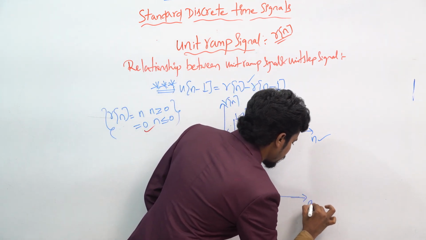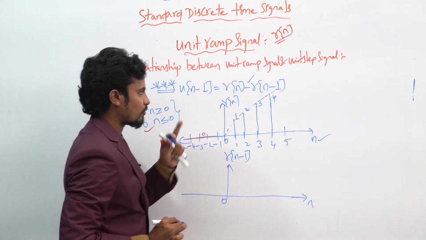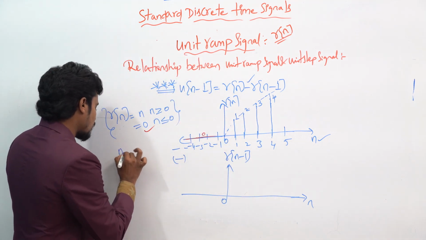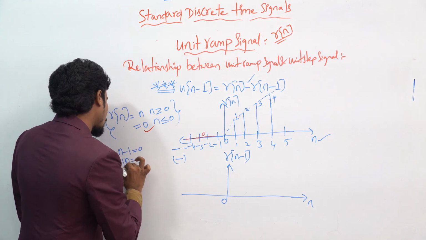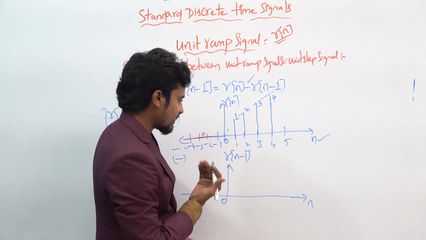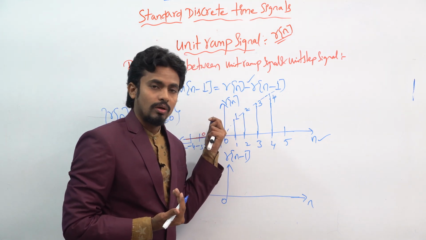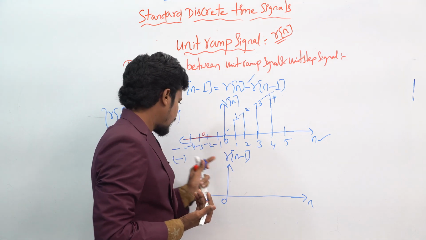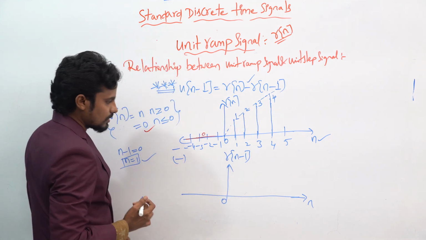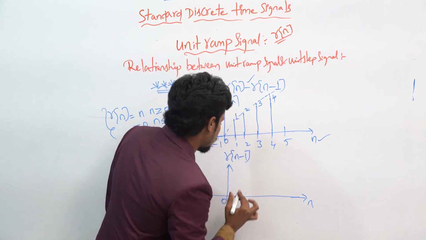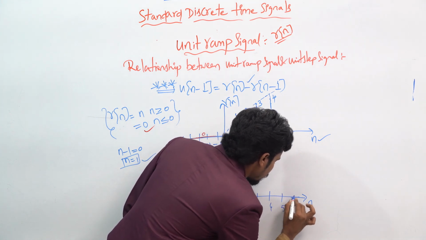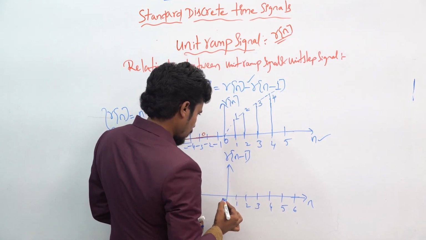Here the independent variable is n, and this is 0. First thing you have to do is set the bracket value equal to 0. That means n minus 1 is equal to 0, so n is equal to 1. That means for r of n minus 1, your plot will start at 1, not at n equal to 0. So here this is 0, 1, 2, 3, 4, 5 and 6.